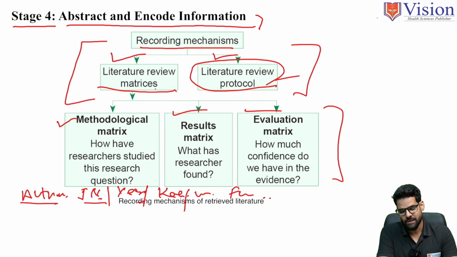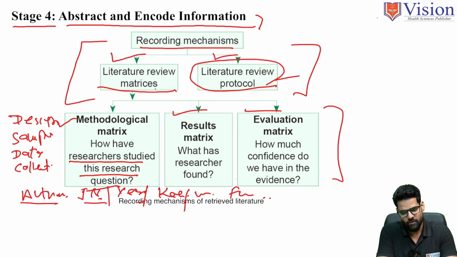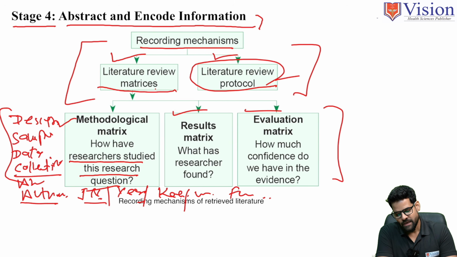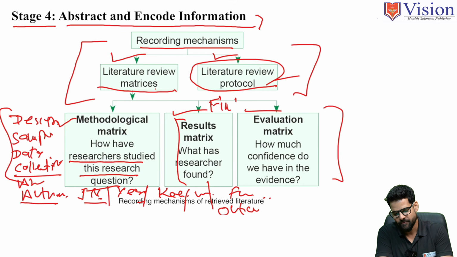Methodological matrices talk about how researchers have studied these research questions: the methods they have adopted, what the design was, sample, data collection, analysis, all this information. Result matrices talk about what the outcome was, the major findings.